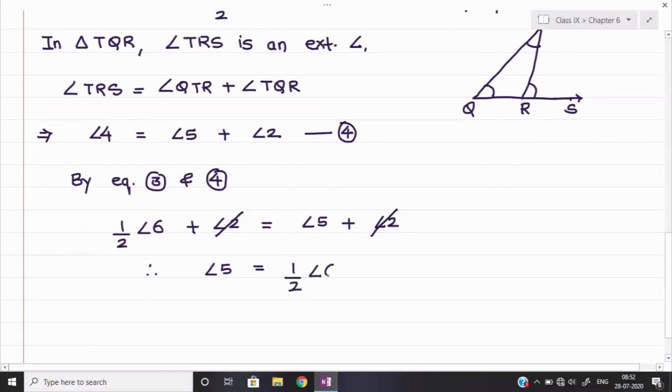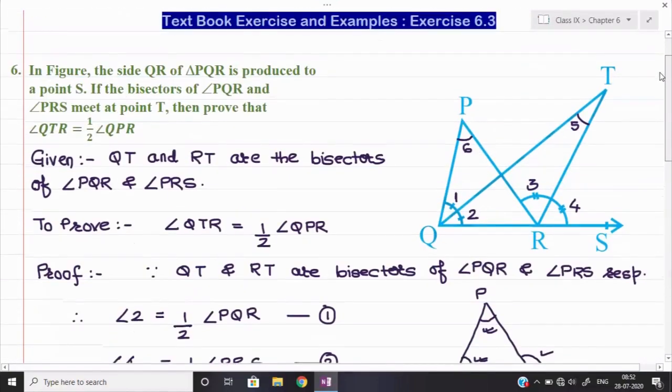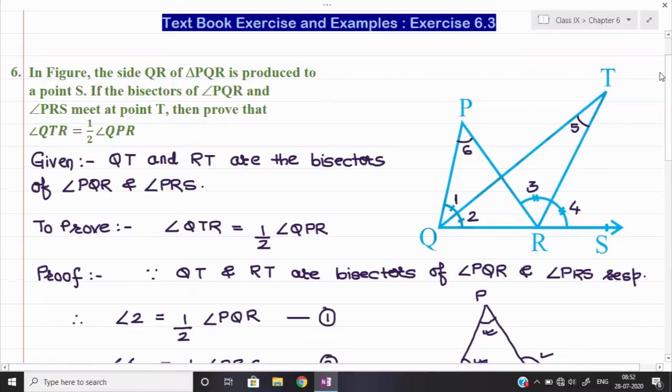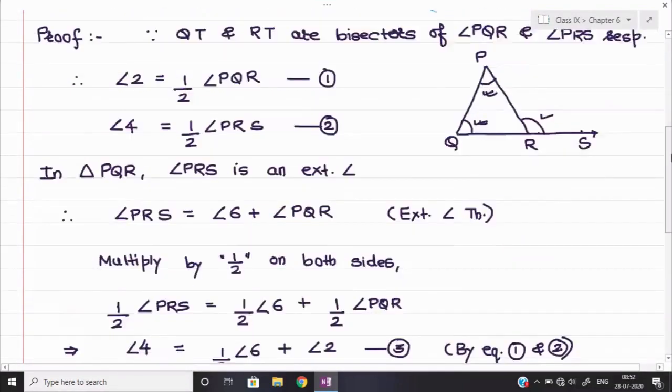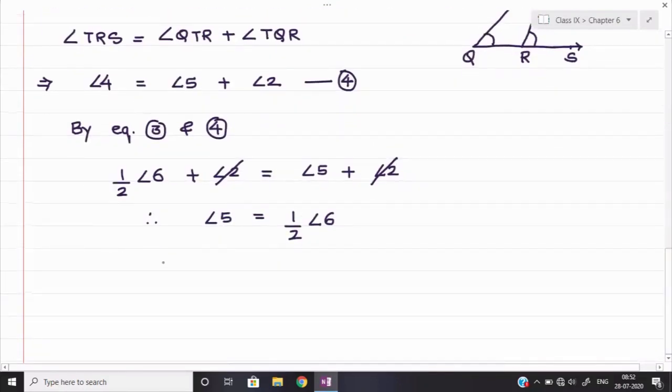Now, angle 5 is actually which angle? Look, angle 5 is your angle QTR and angle number 6 is your angle QPR. So in place of angle 5 I will write angle QTR is equal to half of angle number 6, I will write angle QPR.